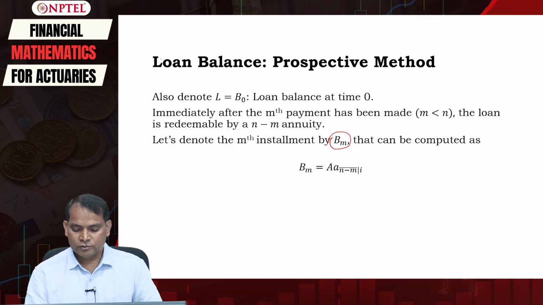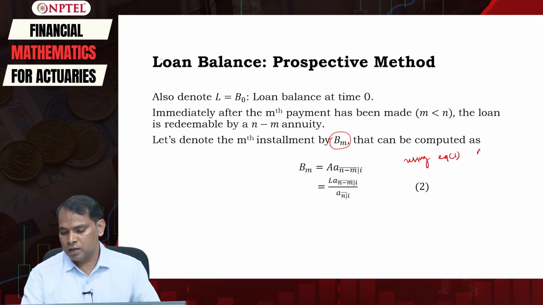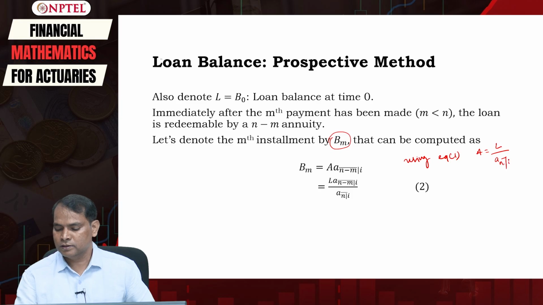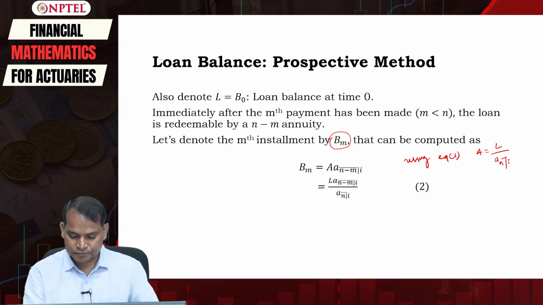And we have seen that A is equal to L upon a angle n at i, using equation 1. Using this, we can rewrite this for A with L, and the rest are the same.